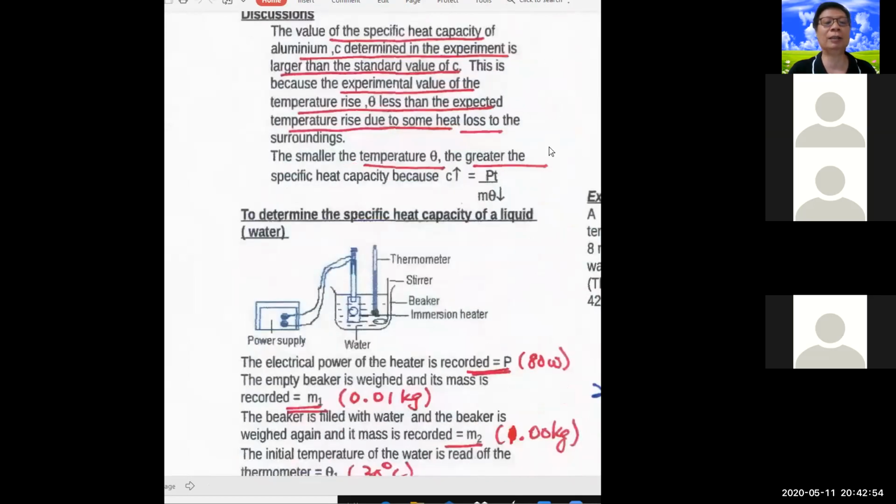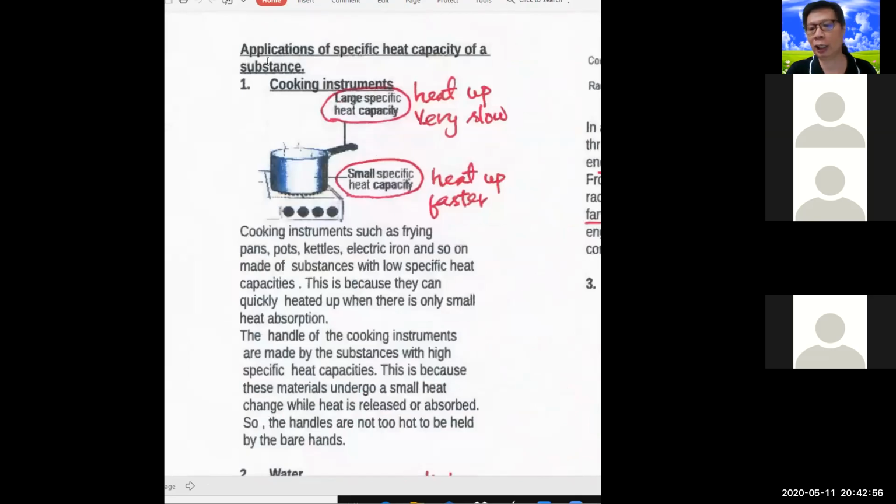For example, in cooking utensils, the body of the frying pan must be made from a material with small specific heat capacity, for example steel. Why? Because it can heat up faster. Small specific heat capacity means it can heat up faster.